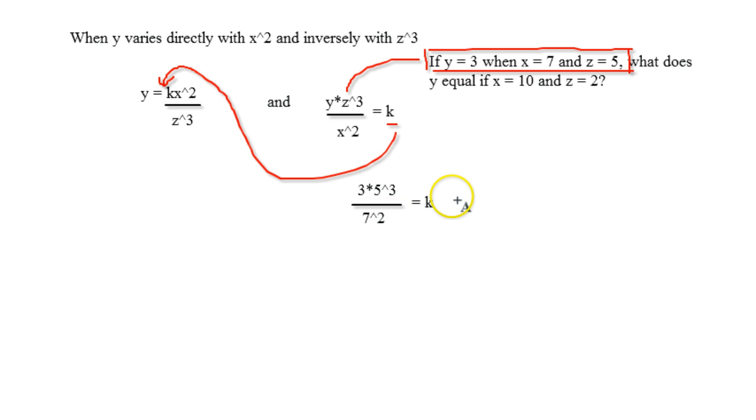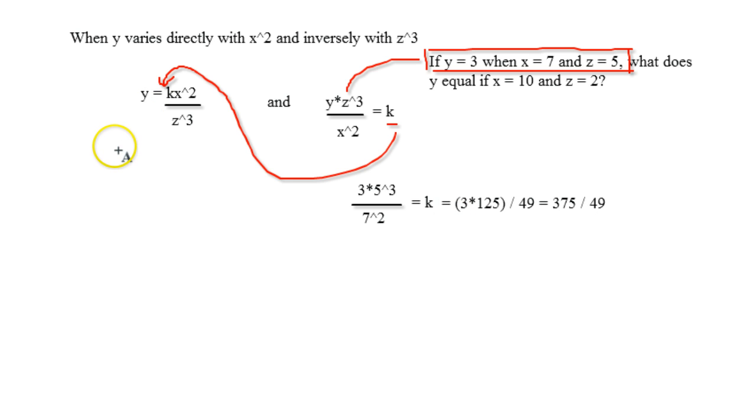Now this is going to be a messy problem, just work with it here. That's going to be 3 times 125 on top, divided by 49. And that's going to turn into 375 over 49. So that's my constant of variation.